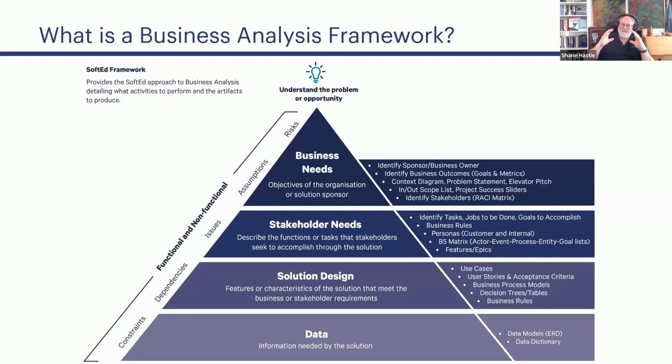And having a common set of tools, techniques, and processes and guidelines. What are the governance mechanisms that the organization uses? For instance, that would be part of your business analysis framework. How do we communicate?